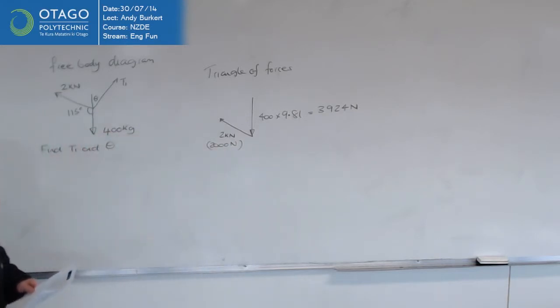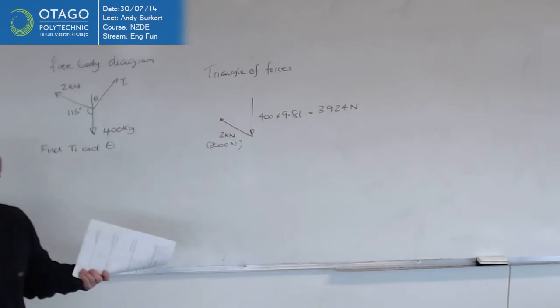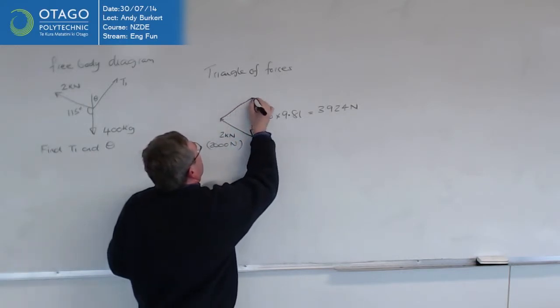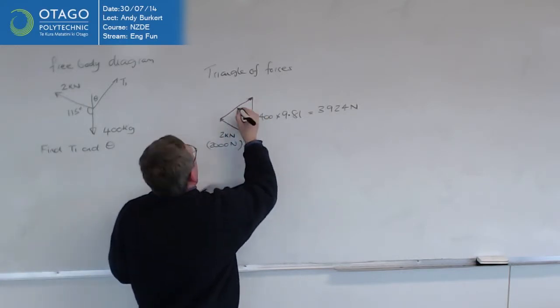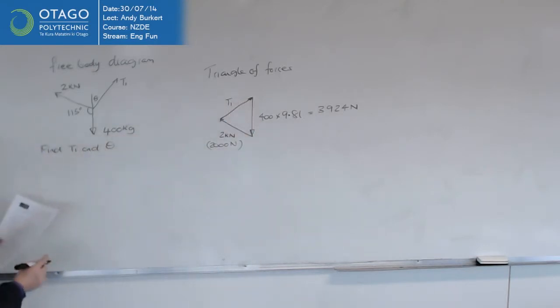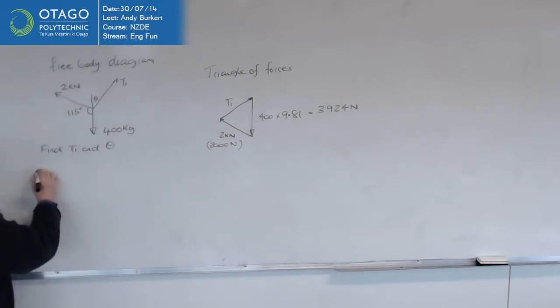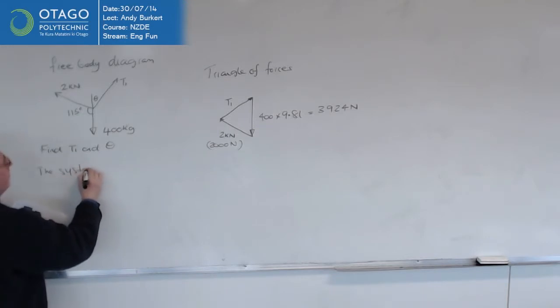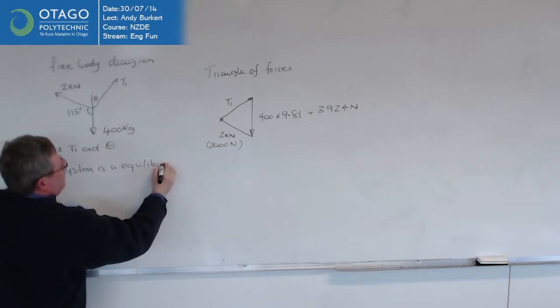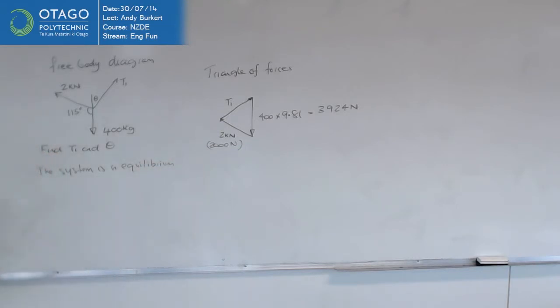And then, if this is in equilibrium, the polygon's closed. So we're going to say it's in equilibrium, so that must be T1. Okay, so we've got a triangle there that's not a right angled triangle.